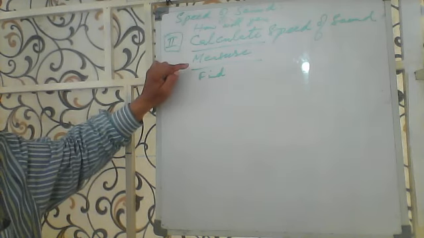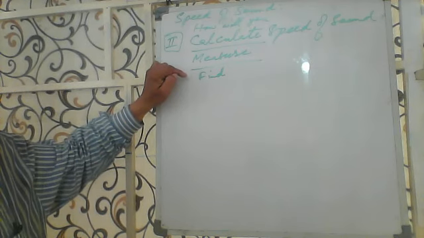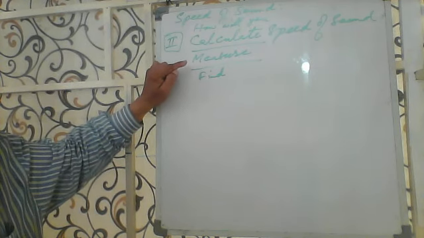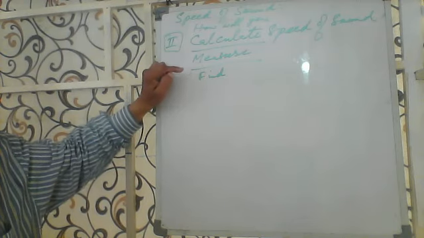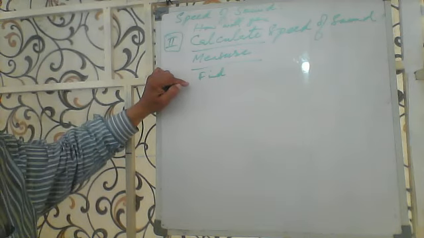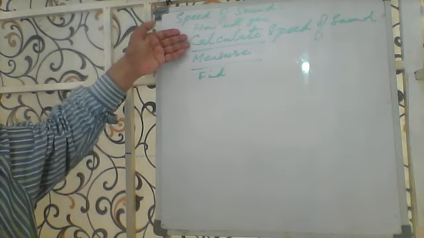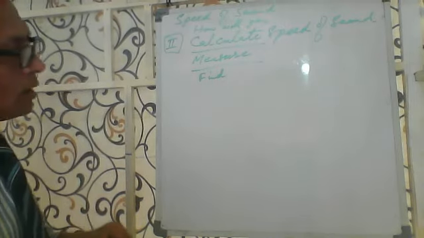And if I say that measure the distance from point A to a point B, then it means that you will have to use some instrument. And when I'm going to say find, then it's up to you whether you use a formula or you use some instrument.